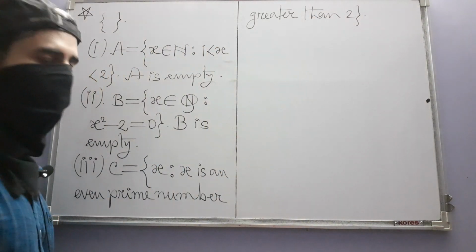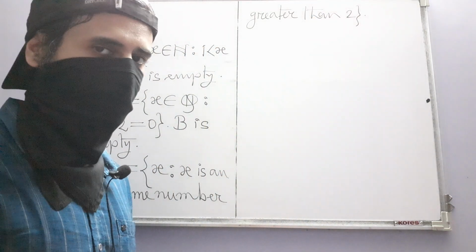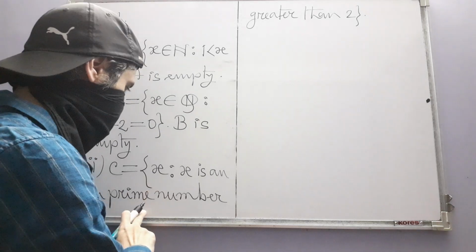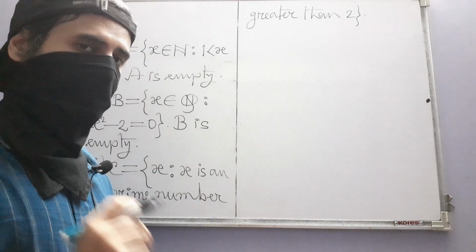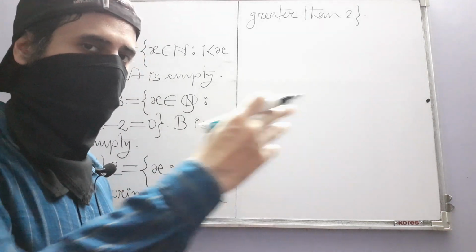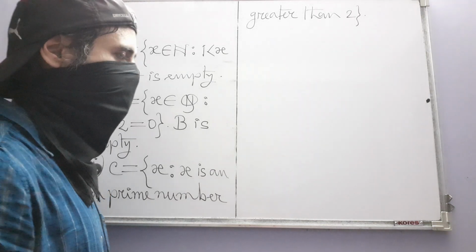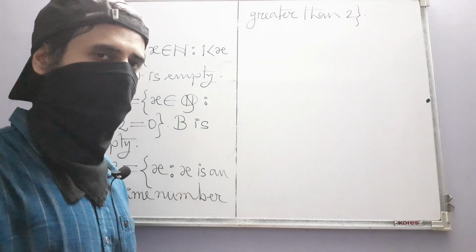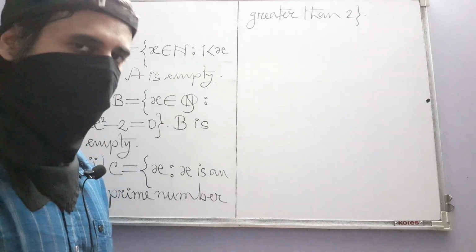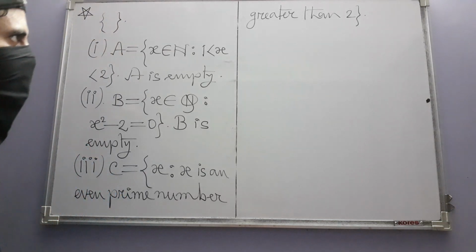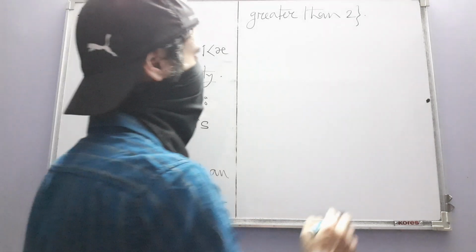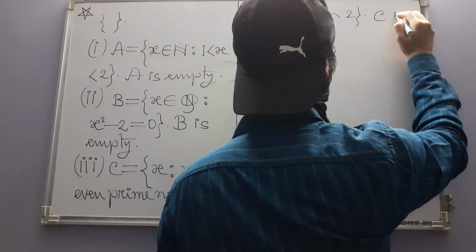Is there any even prime number greater than 2? No, because the only even prime number is 2. All the other prime numbers are odd prime numbers. This comes from the definition of prime numbers and even numbers, and of course because of that odd numbers. So C is also empty.